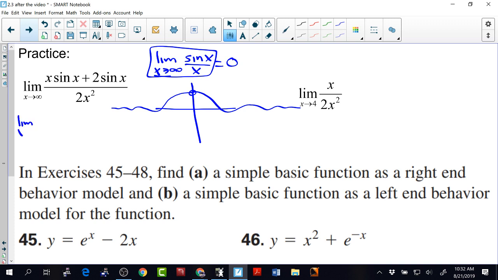So we have the limit as x approaches infinity of x sine of x over 2x squared plus 2 sine of x over 2x squared. So we use like a reverse common denominator. Instead of putting two things together, we're going to split it back up.